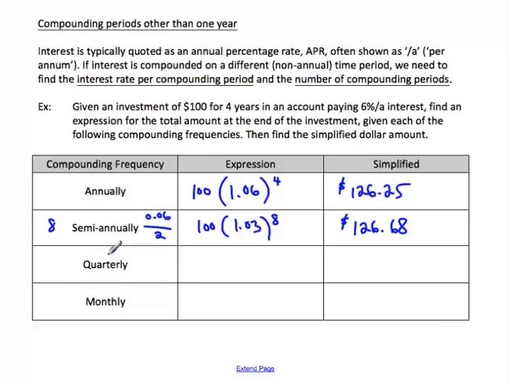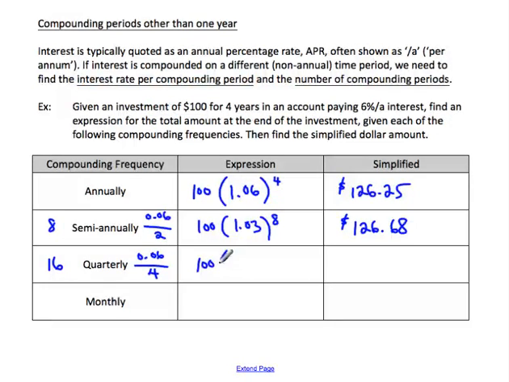If the investment compounds quarterly, that's 4 times a year, then in 4 years that's going to be 4 times 4 or 16 times. And instead of getting paid 0.06 each year, we're getting paid 0.06 divided by 4 every 3 months or every quarter of a year. So we can write that.